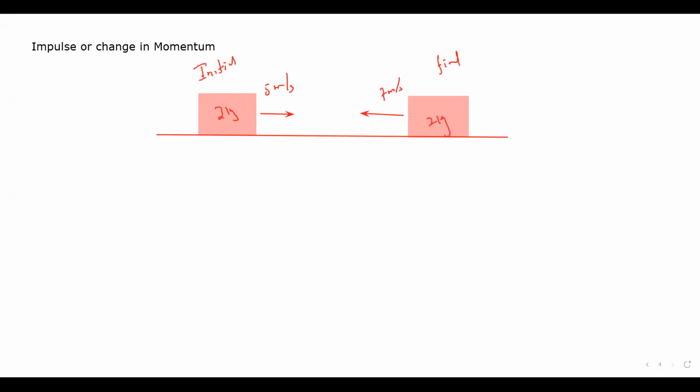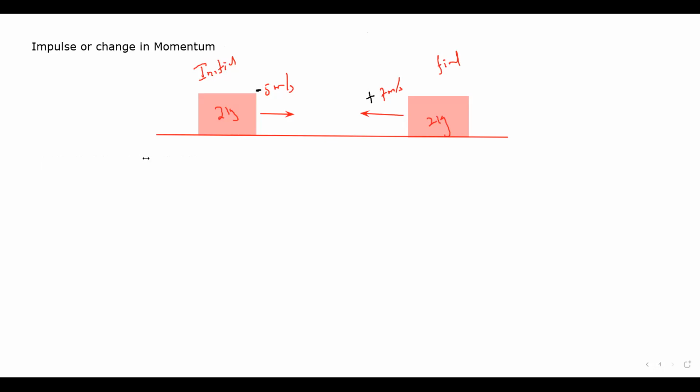And the question is to calculate the impulse. So first, because momentum is a vector quantity, if one of them is positive, the other one should be negative, because the direction changes. So if the final one I take as positive, the starting or initial direction I should take as negative.